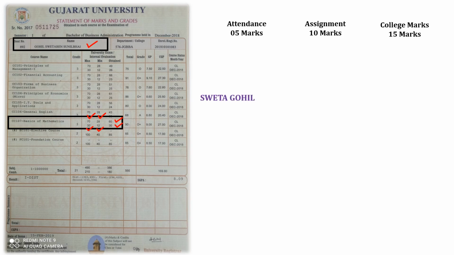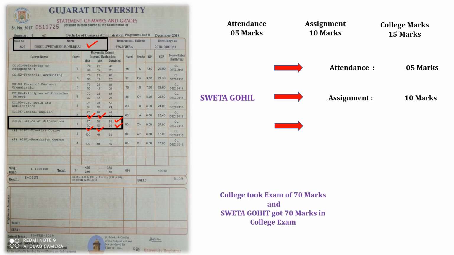The student Sweta Gohil was regular in the college, so she got 5 marks because of her attendance. In the same way, she was submitting each and every assignment, so she got 10 marks for assignment, and obviously 15 marks will be counted on the basis of the performance.